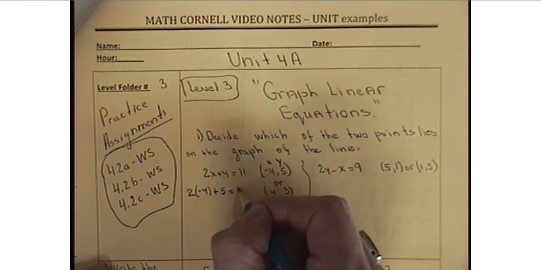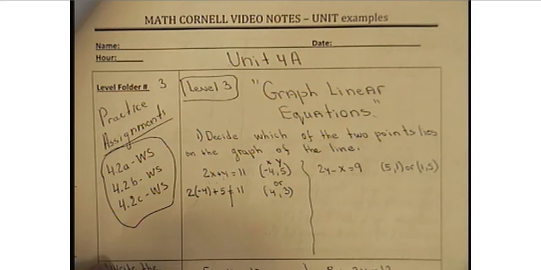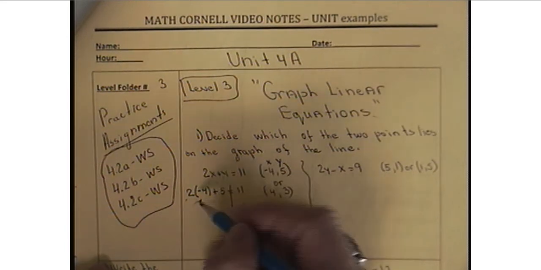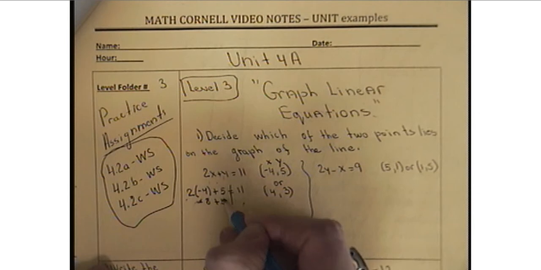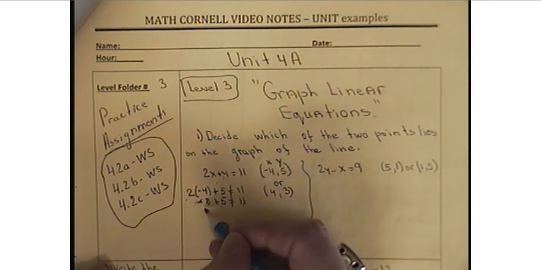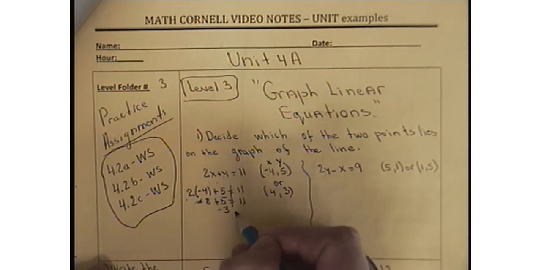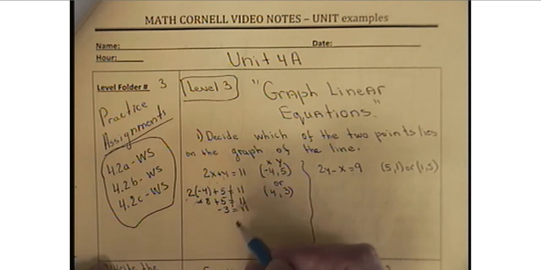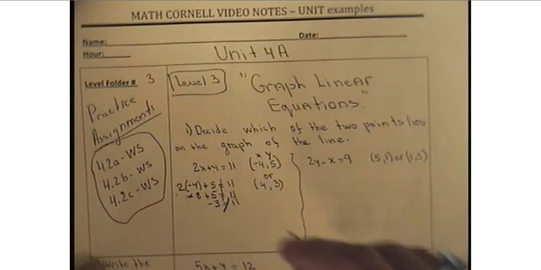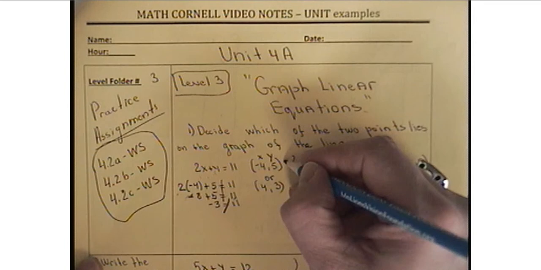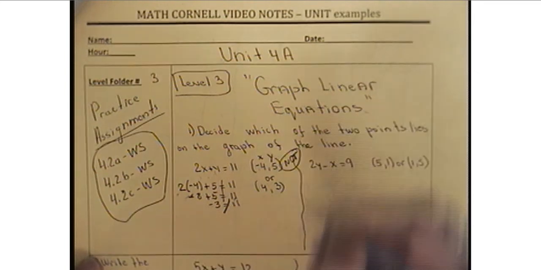And we'll solve that. The proof will be okay if the left side is equal to the right side. So 2 times -4 is -8, plus 5 equals 11. Well, -8 plus 5 is -3. So -3 is not equal to 11, which means this point over here does not lie on the line of this graph.